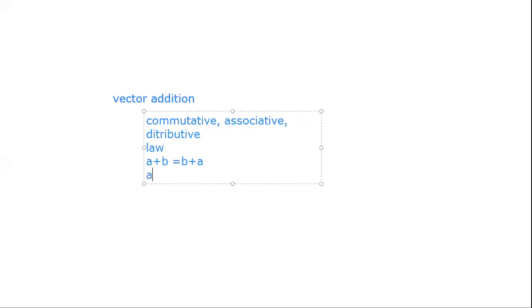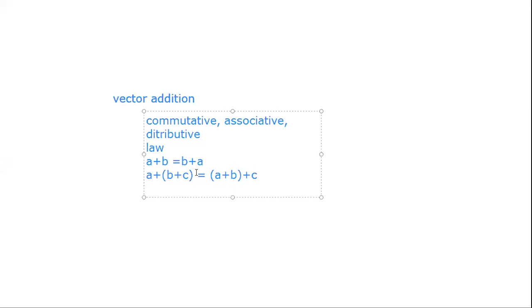Next, the associative law: A plus B plus C equal to A plus B, plus C. Okay, this is the associative law.